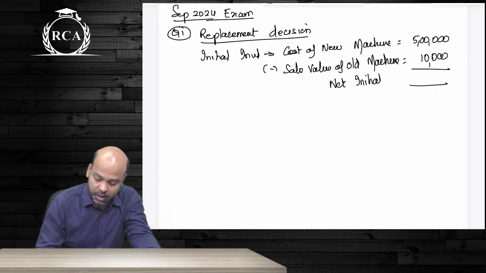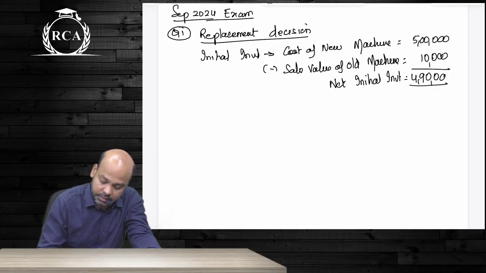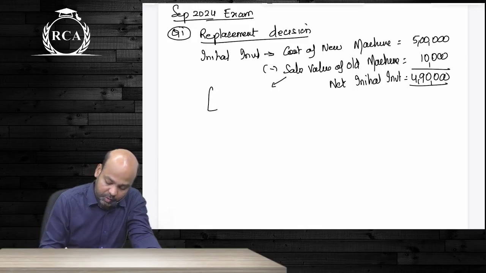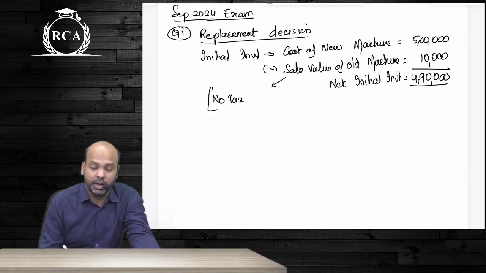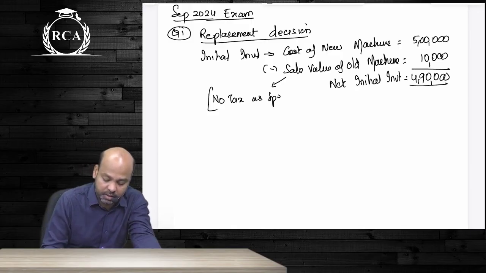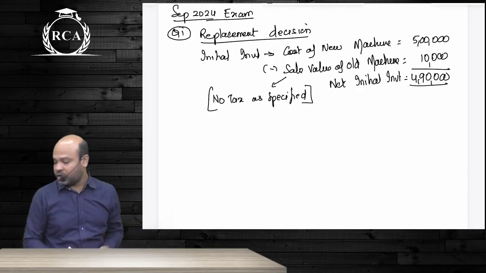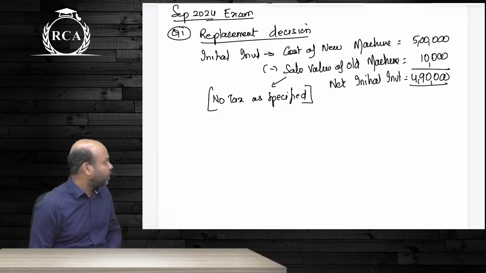Our net initial investment, guys, will be 4 lakhs 90,000. I'm writing it here, no tax as specified. Yes or no? Your net initial investment is going to be 4 lakhs 90,000.